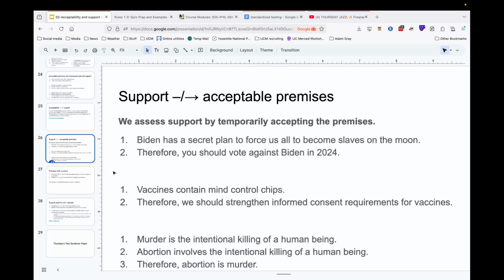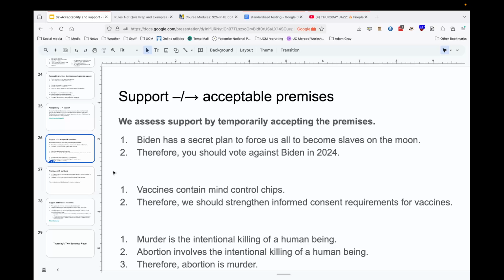And so they provide support. In some contexts, they'll be totally acceptable. If you go to, say, a pro-life rally, probably everybody there would accept these two premises. But in other contexts, they probably wouldn't be acceptable. And so my point is they're not necessarily acceptable.